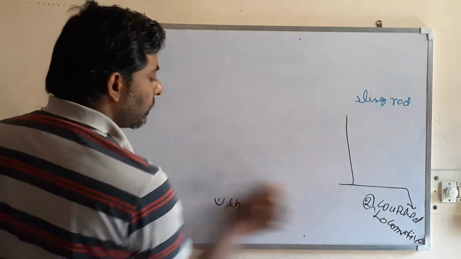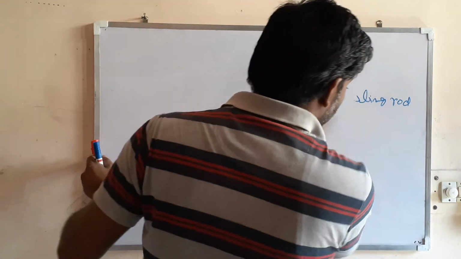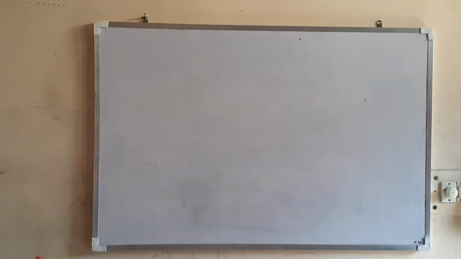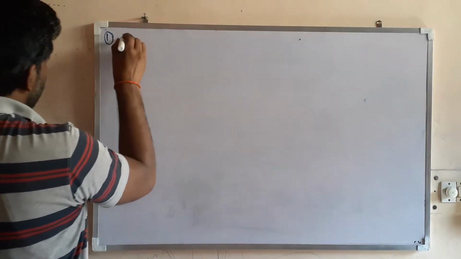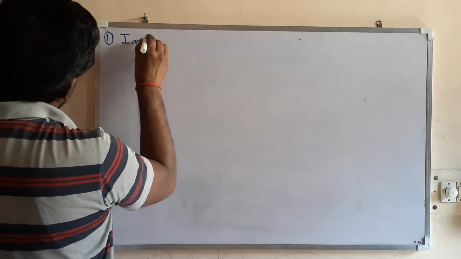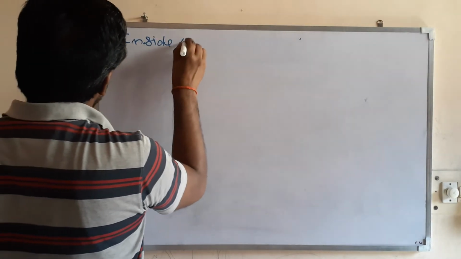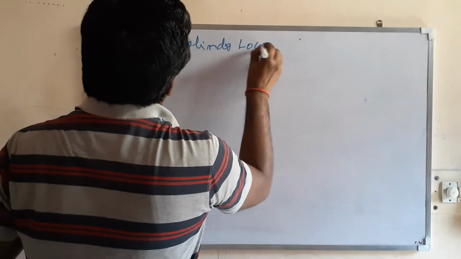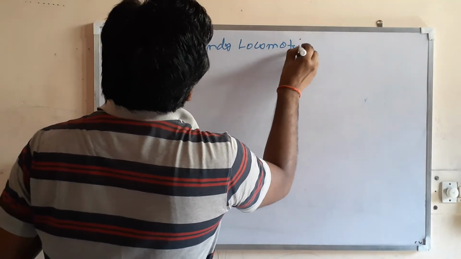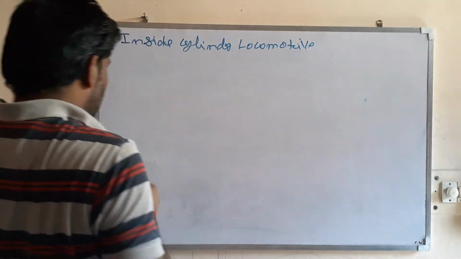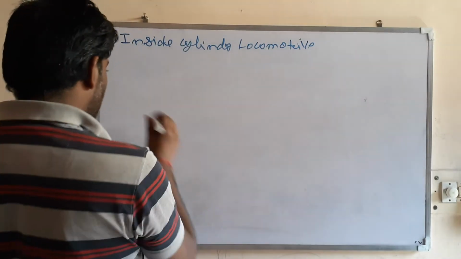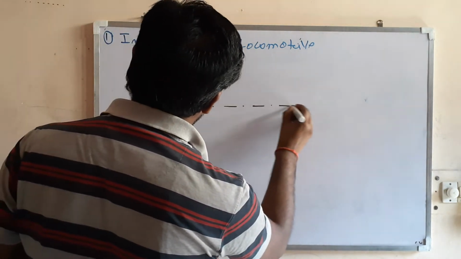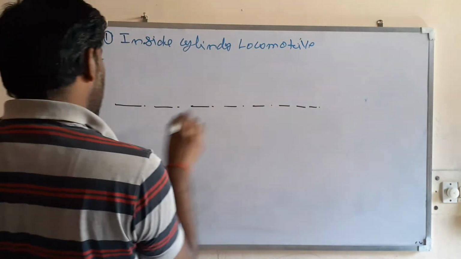The first one is the inside cylinder locomotive. So this is the center line, actually the axle center line.